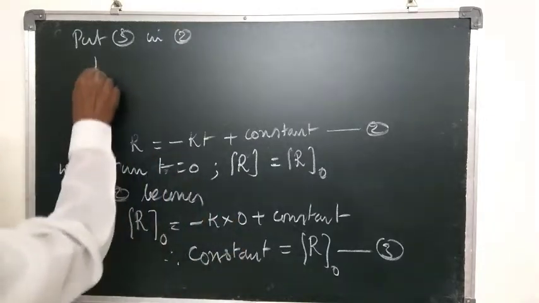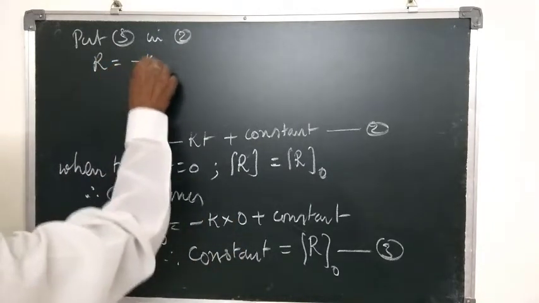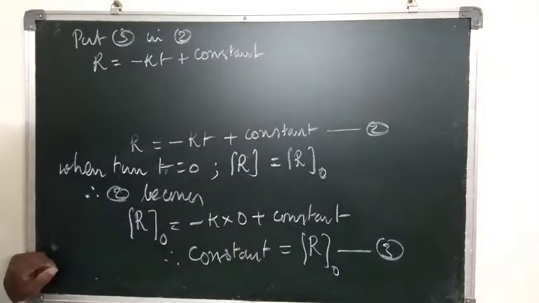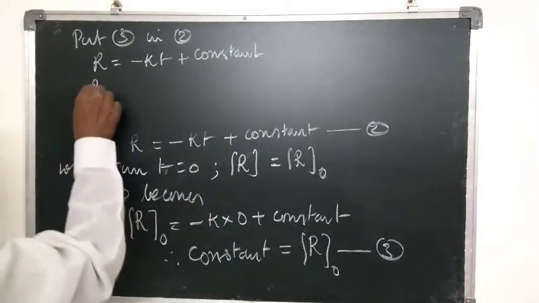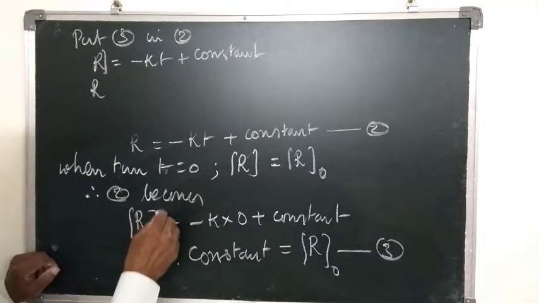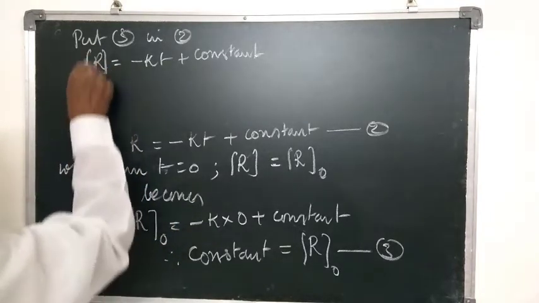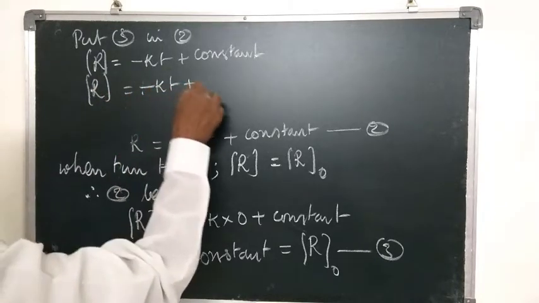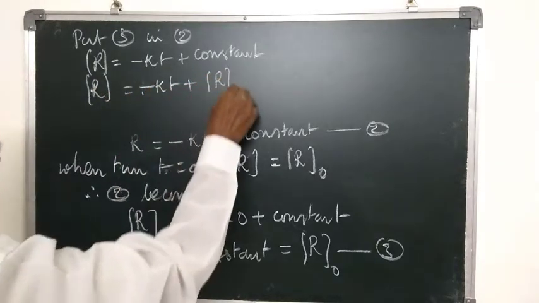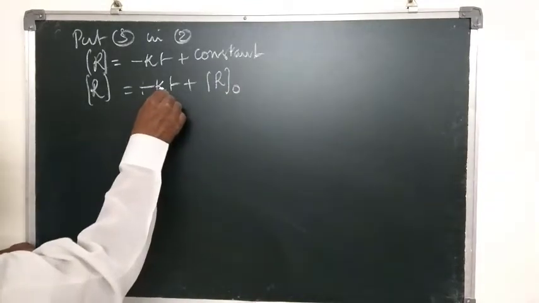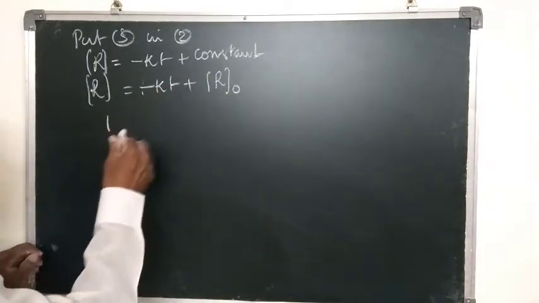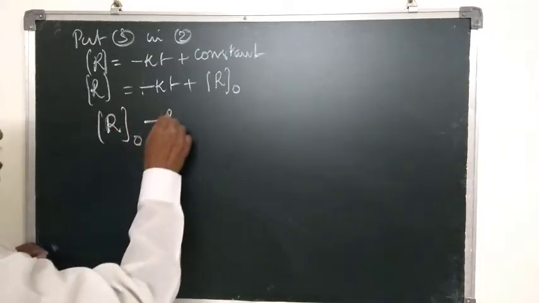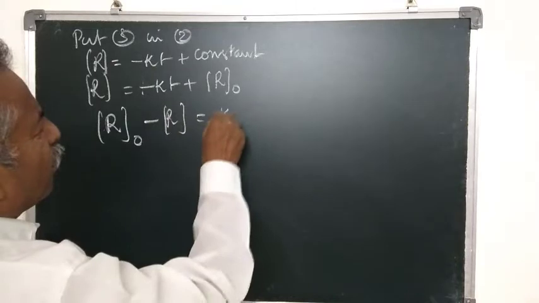What is number 2? R equal to minus kt plus constant. But what is the constant? R equal to minus kt plus R0. Now this becomes, bring this to this side, R0 minus R is equal to kt.